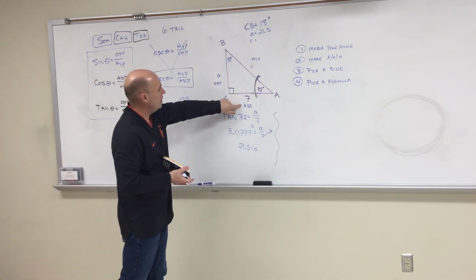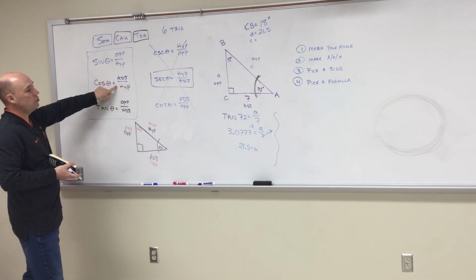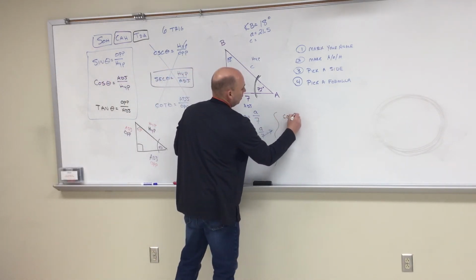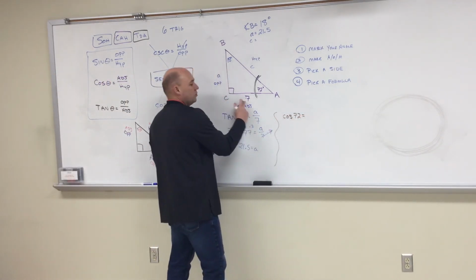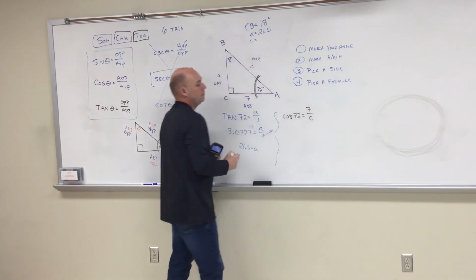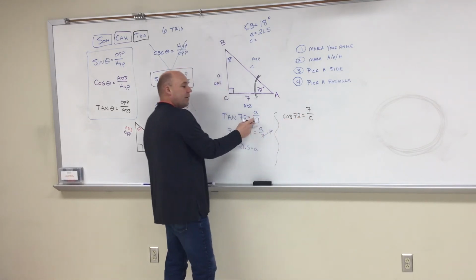So if I have adjacent and I'm looking for hypotenuse, adjacent and hypotenuse is now cosine. So I would say cosine of 72 is equal to the adjacent side, which is 7, over the hypotenuse, which is C. Now, if the letter is ever on the bottom, notice how the number was on the bottom, so we multiply both sides by 7.